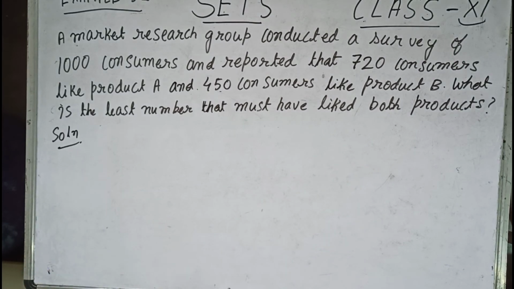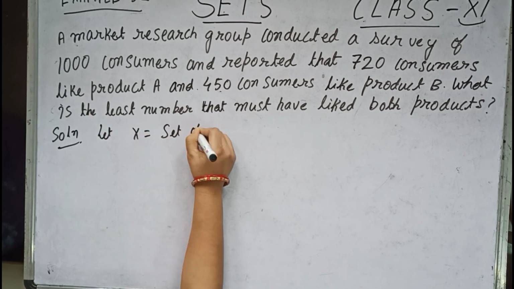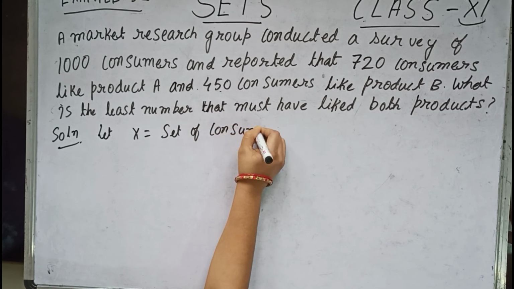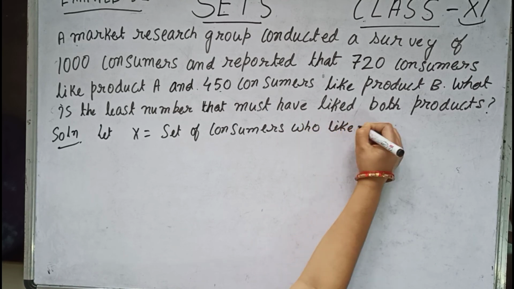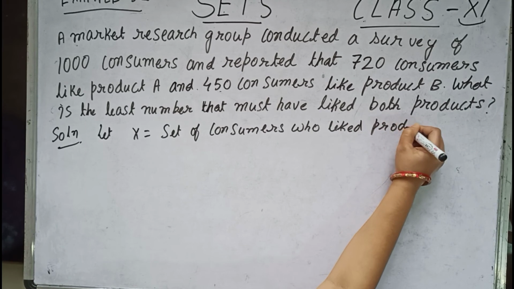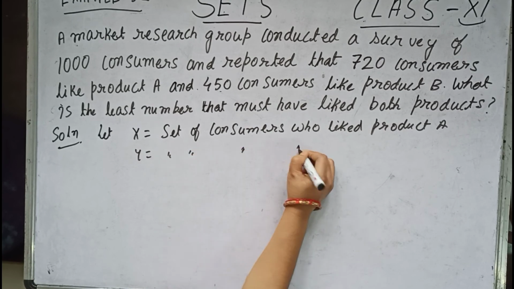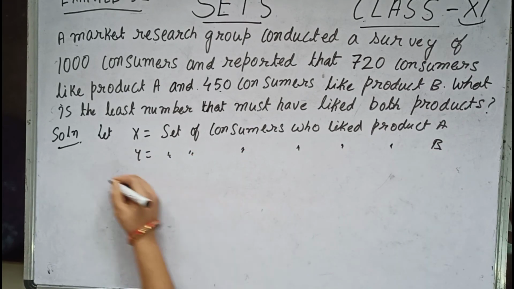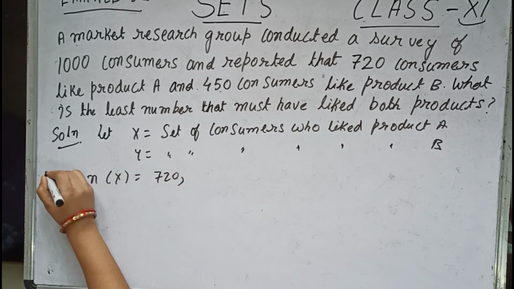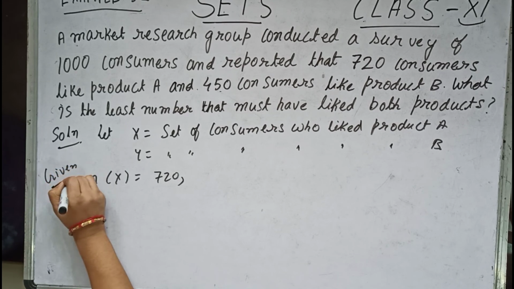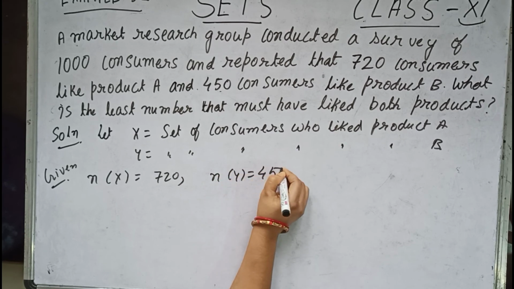So let us start the solution. Let capital X equal the set of consumers who liked product A, and capital Y equal the set of consumers who like product B. Now it is given that n(X) equals 720, and n(Y) equals 450.